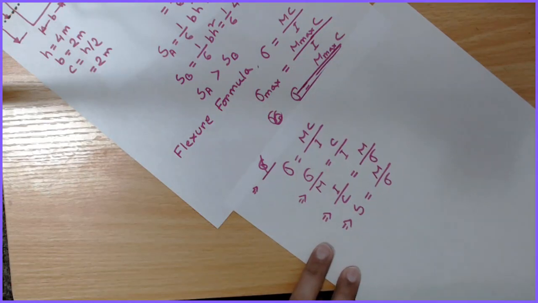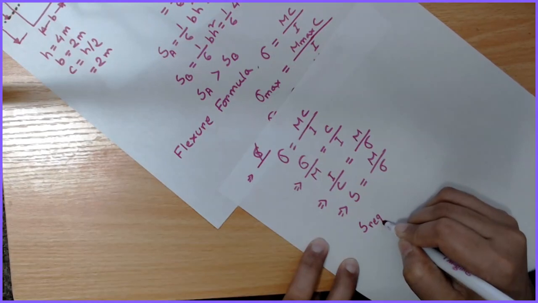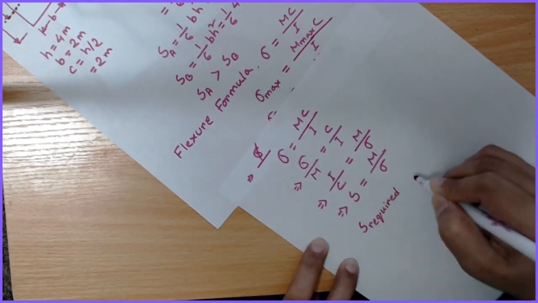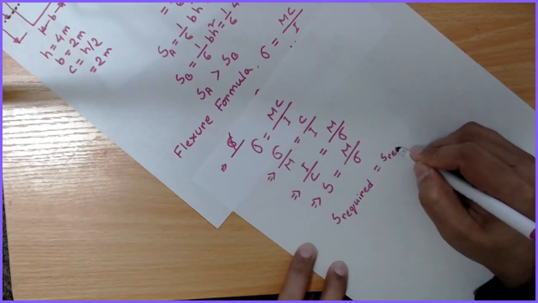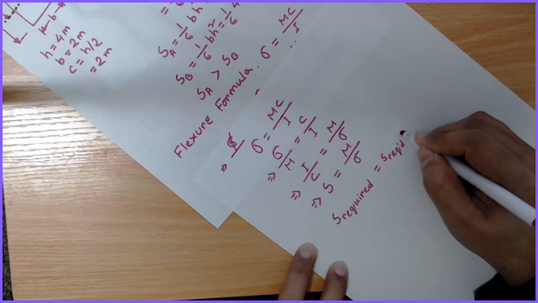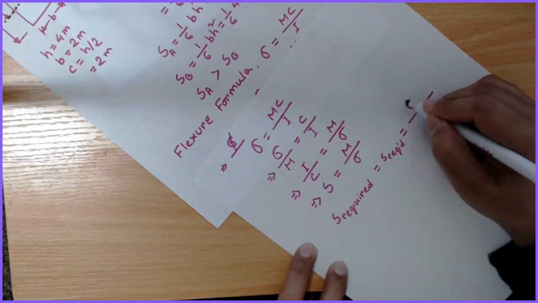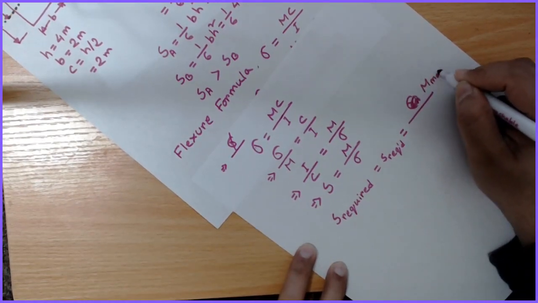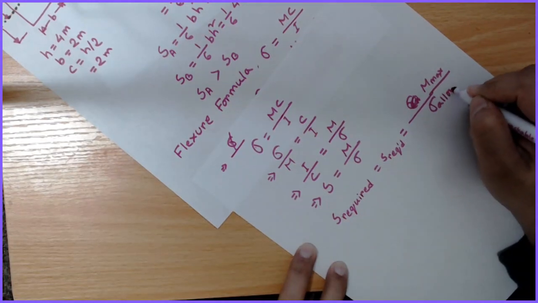Now S required, I'm going to write this way, equals M maximum divided by sigma allow.